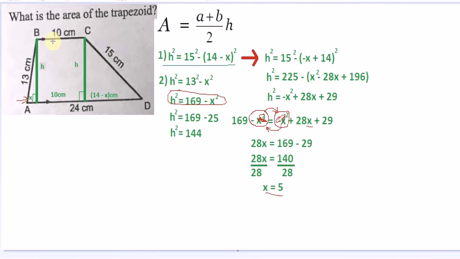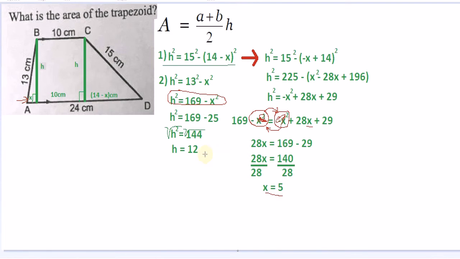So 5 squared becomes 25, and then we take that right down to h squared equals 144, which all we got left to do now is take the square root. And again, if you know your square roots very well, you can easily see that this becomes 12. So h is equal to 12.